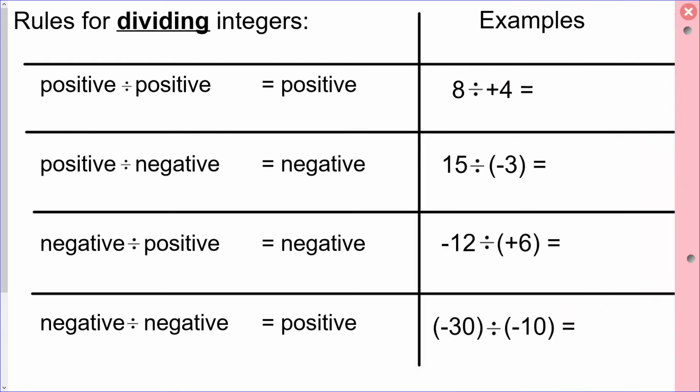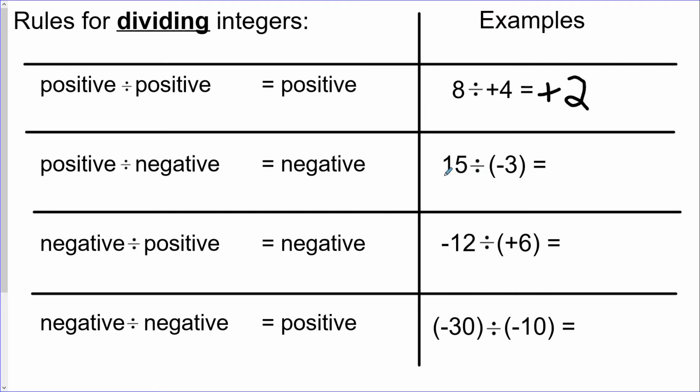We'll go through a few examples. Again, it's maybe helpful for you to treat these in two parts. The first part is getting the correct sign for your answer, and the second part is getting the numerical part of your answer. Because we have positive 8 divided by positive 4, the signs are the same, so we know our answer is positive, and then 8 divided by 4 gets us 2. Very exciting.